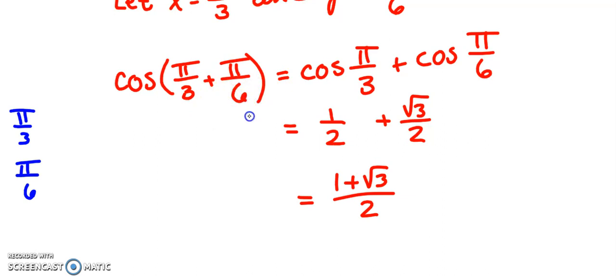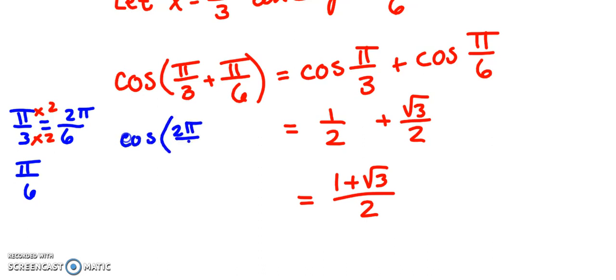Why? Because they don't have a common denominator. Between 3 and 6, your common denominator is 6. So we can multiply this by 2 to get 6, multiply this by 2, and that gives us 2 pi. So here, the cosine of 2 pi over 6 plus pi over 6.